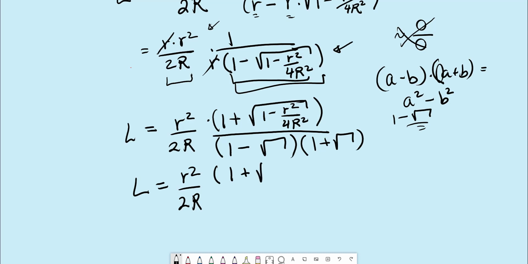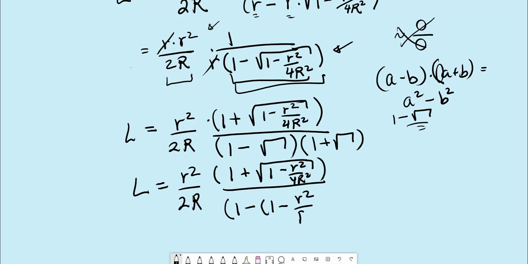What's in the numerator stays the same. But in the denominator now we have 1 minus what's inside the square root without the square root. So we have 1 minus lowercase r squared divided by 4 uppercase R squared. Okay.